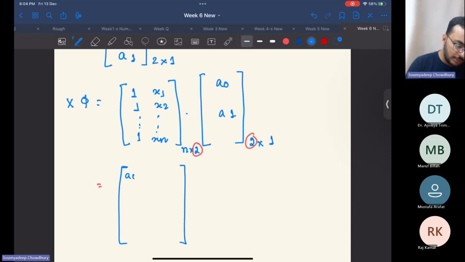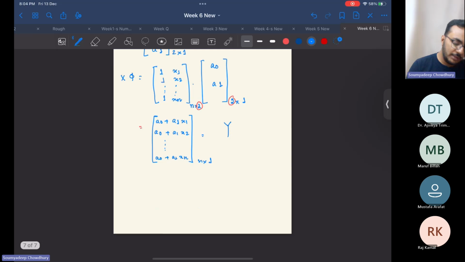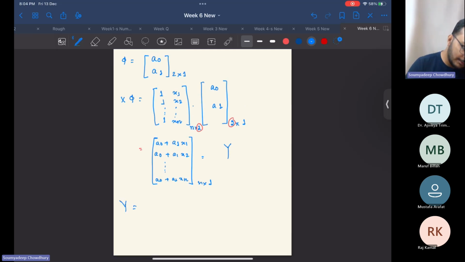So the first entry is a0 plus a1x1, the second is a0 plus a1x2, and like this, a0 plus a1 into xn. This is n cross 1. So this matrix is nothing but your Y matrix, right? So we can write Y equals X into phi. So from this directly we can find phi, which is X inverse Y.